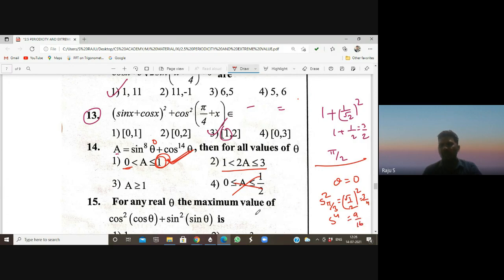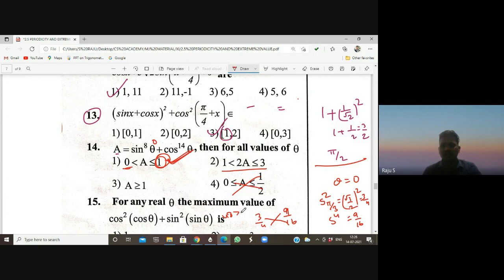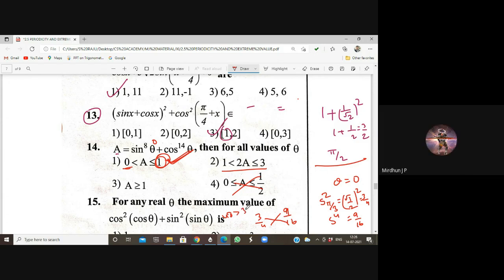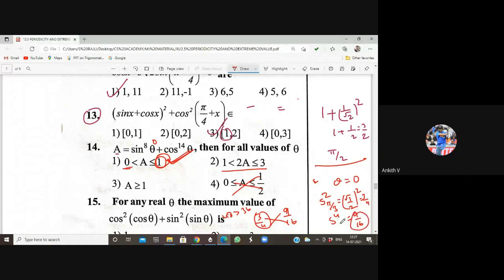So is 3 by 4 the highest value or 9 by 16? 3 by 4, because you can cross multiply: 48 is greater than 36. Clearly 3 by 4 is the highest value. When the power is increasing, the value is decreasing. Sine is root 3 by 2, sine square is 3 by 4, sine power 4 is 9 by 16. This happens with powers for values less than 1.